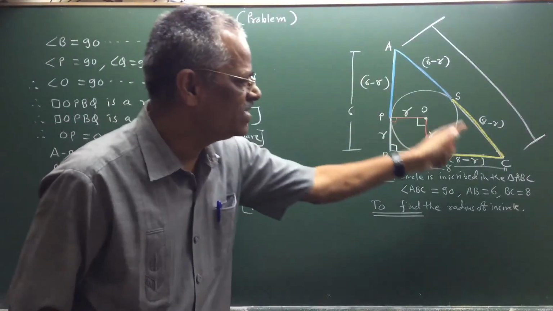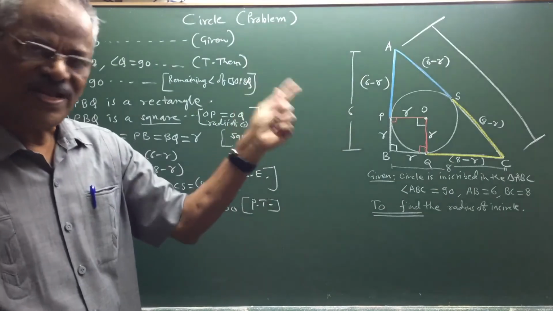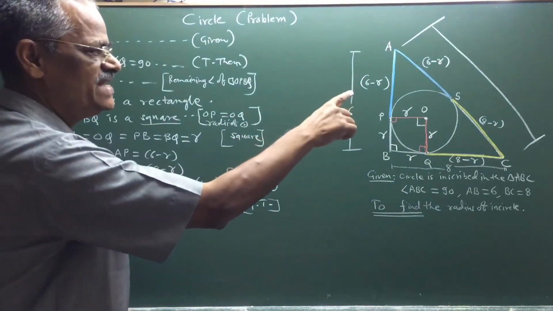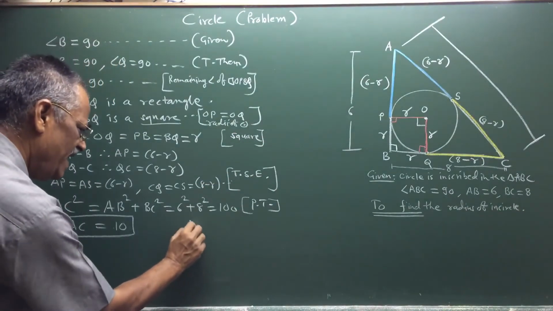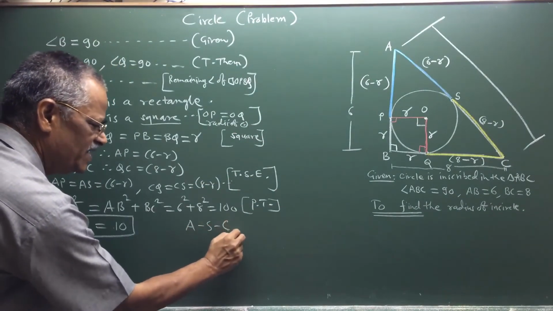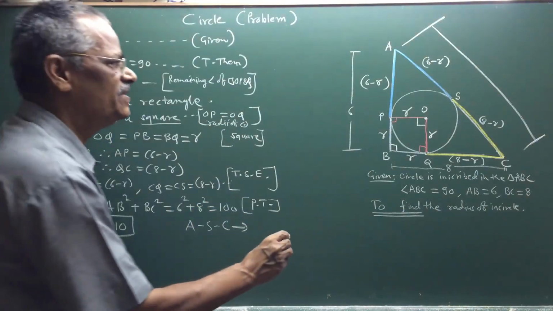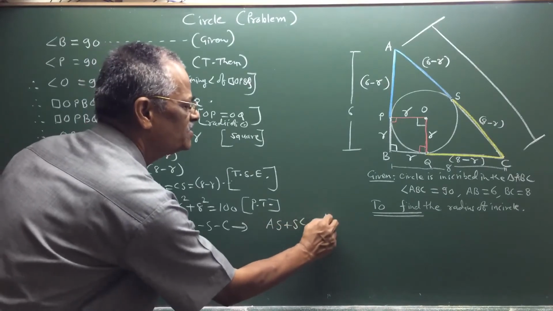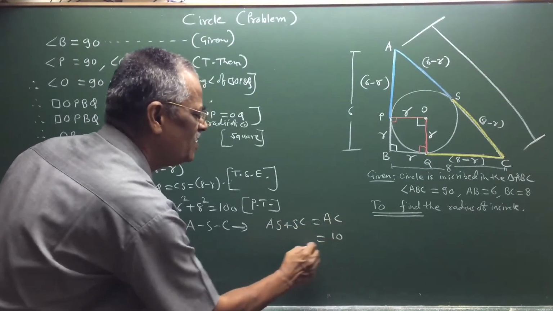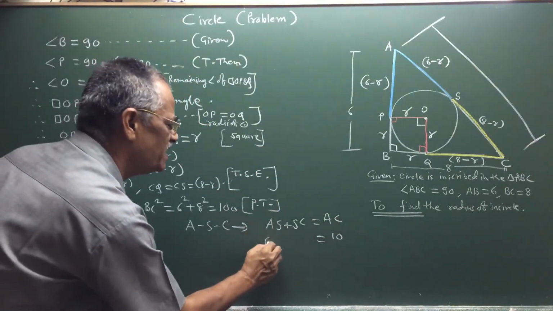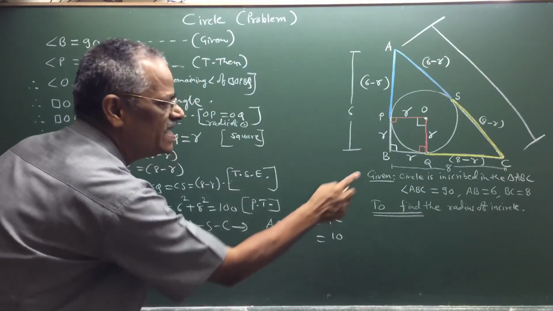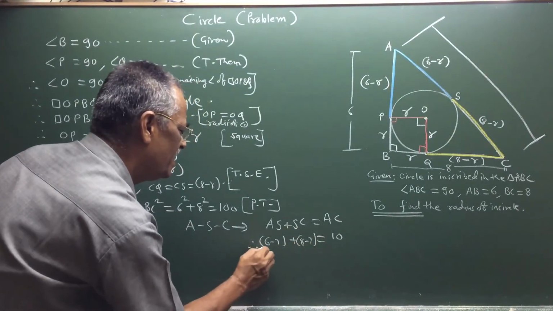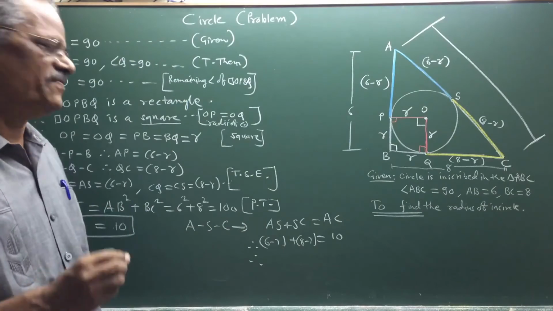Now you can see the total length AC is 10. Since A, S, C are on a line, AS plus SC must be equal to AC. Now substitute the values: AS is 6 minus R, plus SC is 8 minus R, is equal to 10. Now solve this equation.